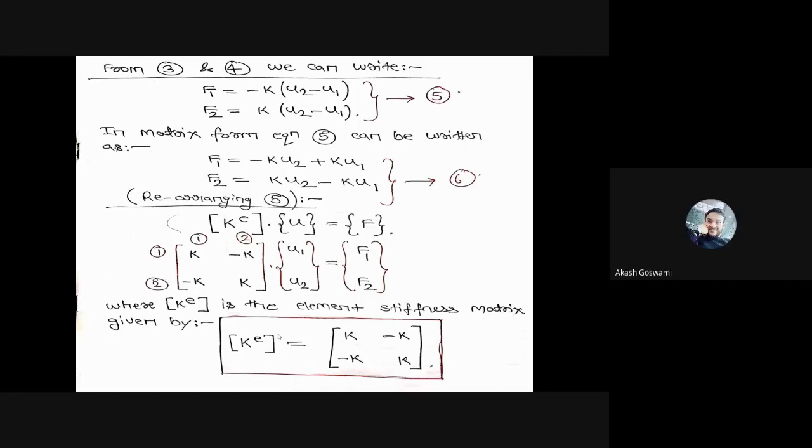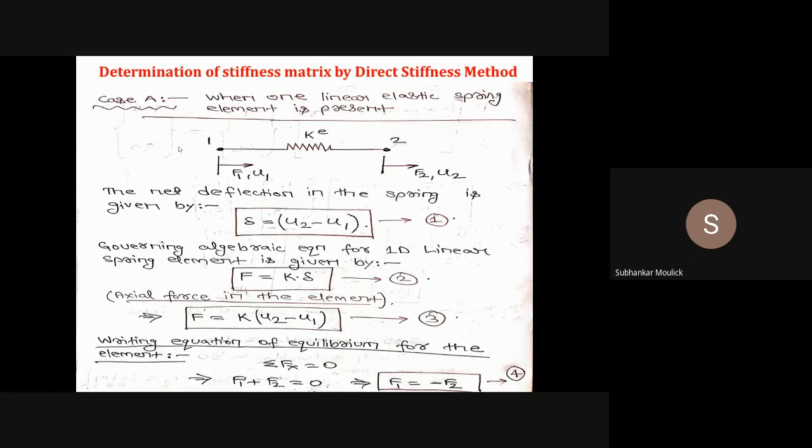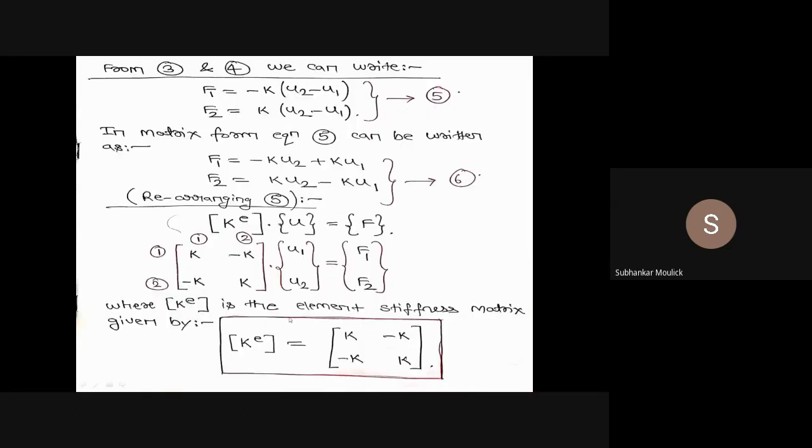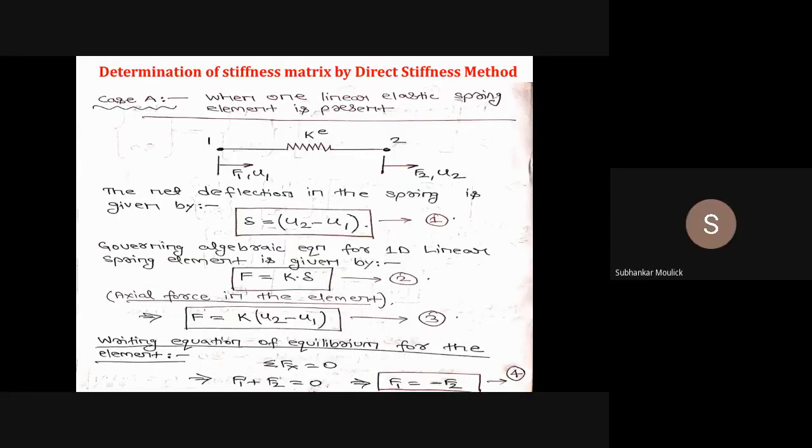Sir, if someone does this problem by the potential energy method, the result will be the same, right? Yes, but if in the exam I say use the direct stiffness method to derive the global element stiffness matrix, then you cannot use the other method. And if you are using the potential energy approach, how can you solve? For that you have to find the value of U. U is half k into delta square, where delta is u2 minus u1.